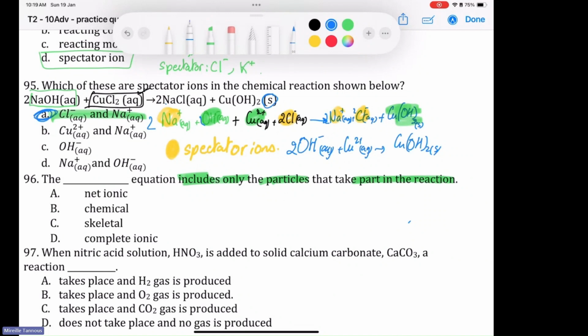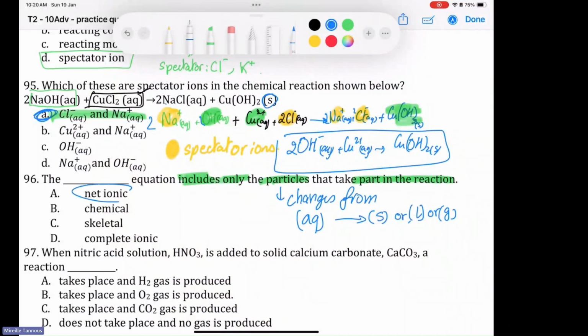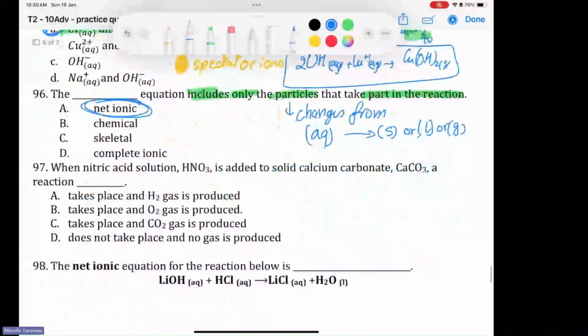They mean by this the particles that change from aqueous to solid or liquid or gas. So these ions take part in the reaction. So these ions are written in what I call the net ionic equation. Okay.